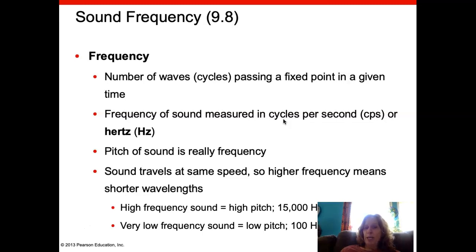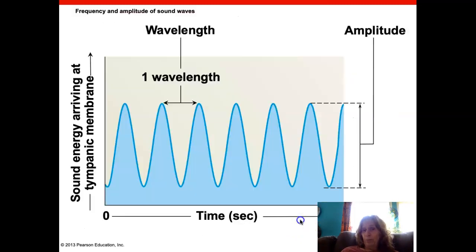A high frequency sound would be, for example, 15,000 hertz, and a low frequency sound would be 100 hertz or less. So here's our wavelength. If you have more of these waves per second, you've got a higher frequency.